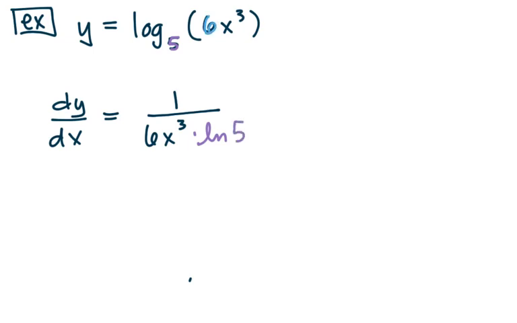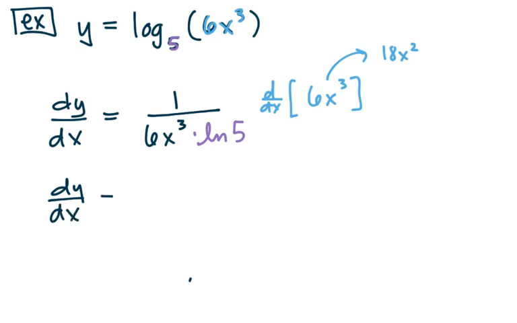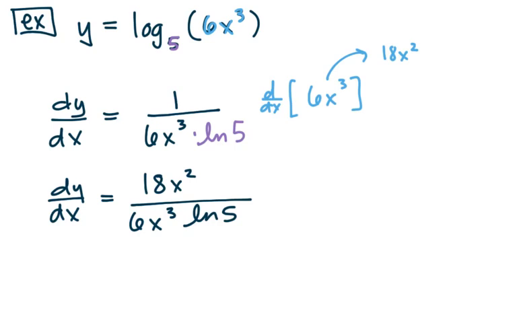And then we need to take the derivative of the argument, so times d dx of 6x cubed. d dx of 6x cubed, that's going to be 18x squared, and that's going to slide right into my numerator. So I have dy dx equals 18x squared over 6x cubed times the natural log of 5.